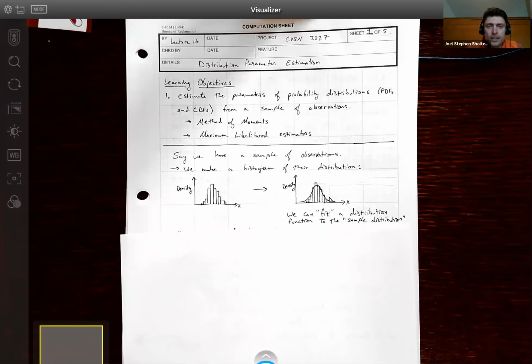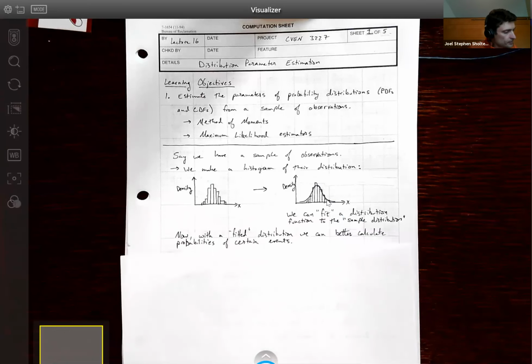So we're fitting a distribution function, like the normal distribution or log normal or exponential, to the sample distribution. And the sample distribution is represented by that histogram, which is just our data that we've collected. And with that fitted distribution, we can better calculate probabilities of certain events.